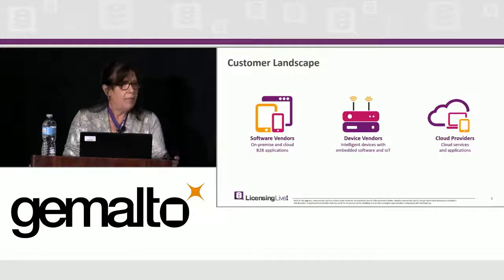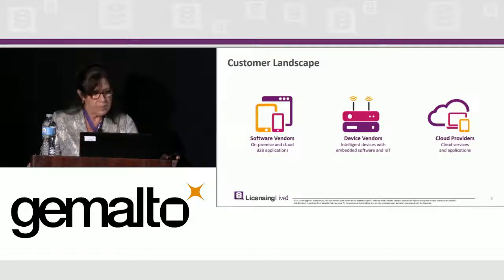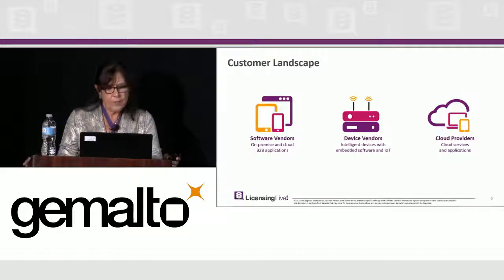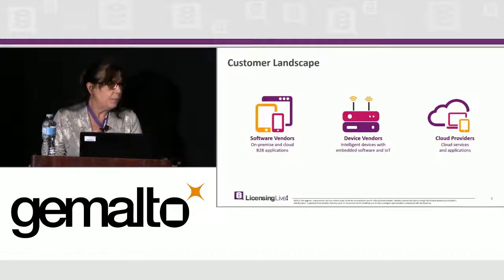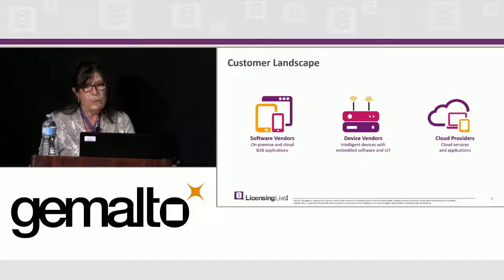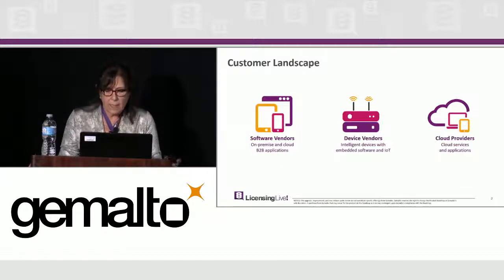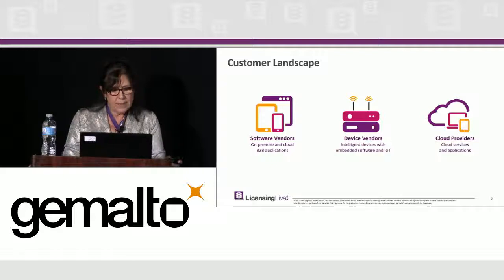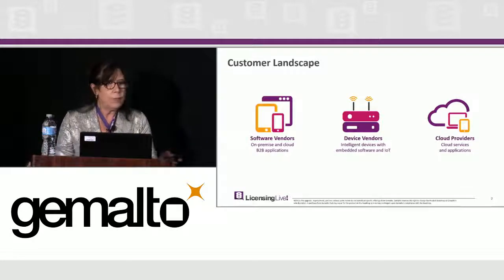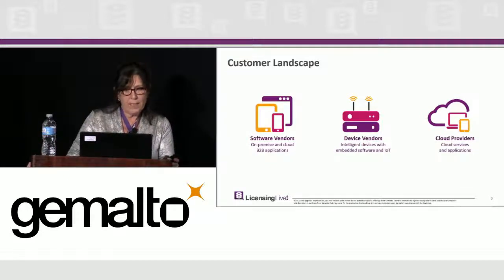We also have in our customer landscape device vendors. These are vendors that sell intelligent devices with embedded software in it. It could be industrial machines, medical devices, gaming machines, network appliances, all the way down to microcontrollers and bare metal devices.